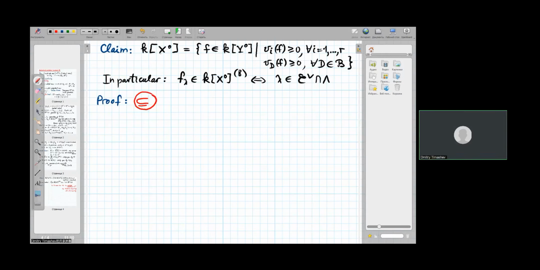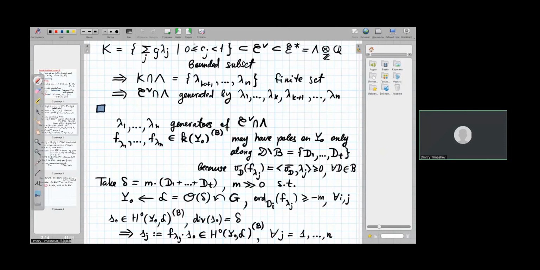Well, the coordinate algebra of x upper naught is generated by the functions of the following form: f equals s over s naught, where s sits in the subspace M. If f is such a function, then first we can say that f is regular on the open B orbit, just because the numerator of this fraction, the section s, is regular everywhere on the G orbit y lower naught, and the zeros of s naught are in this set D1, etc., Dt.